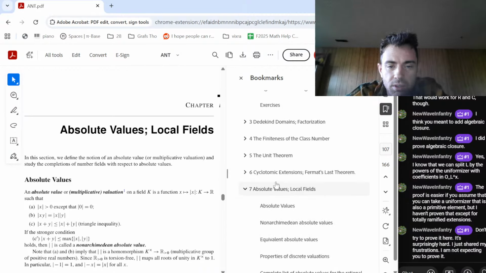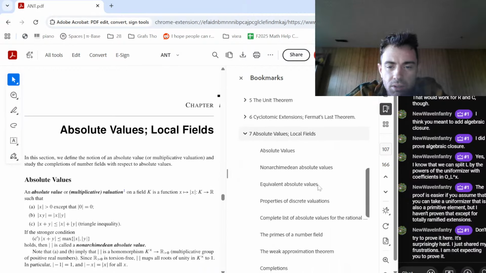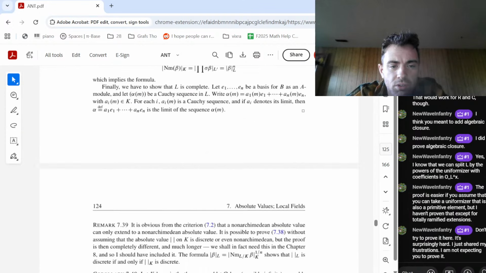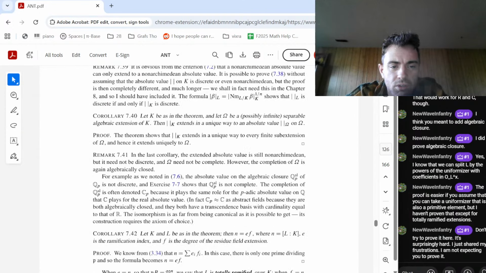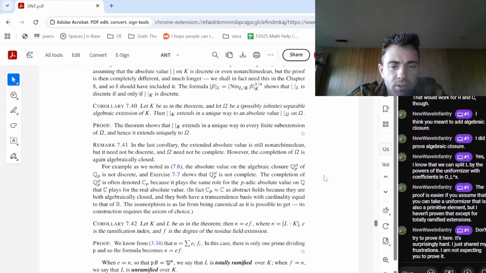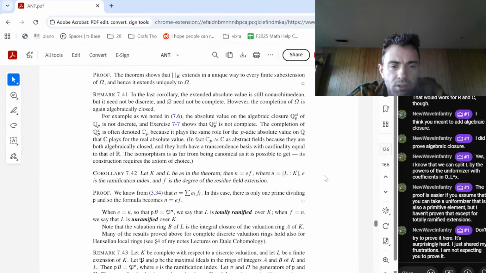Sorry, we want to be in here. What's the right section? Oh, extensions. Extensions of non-Archimedean absolute values. Is this what we want? Here's a corollary, right here. Corollary 7.4.2.